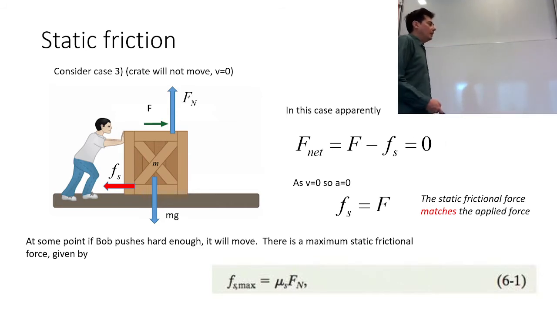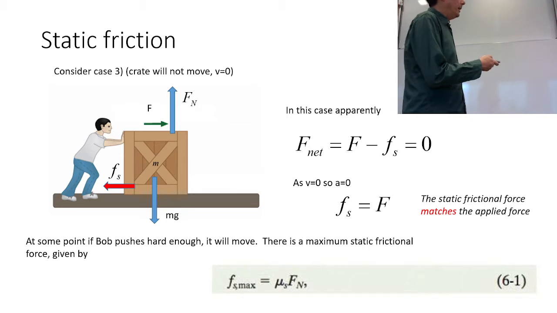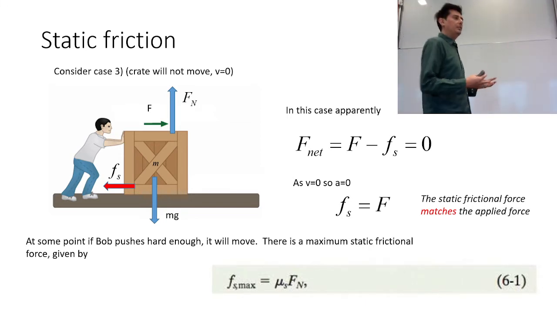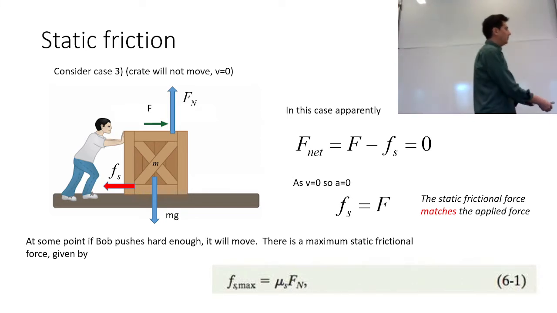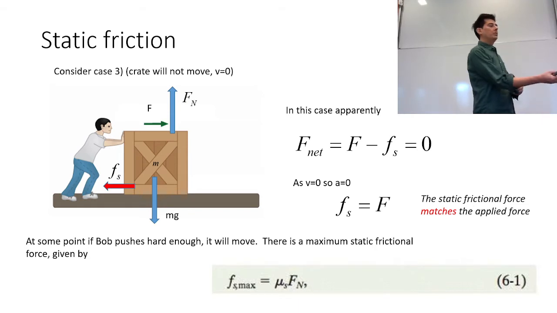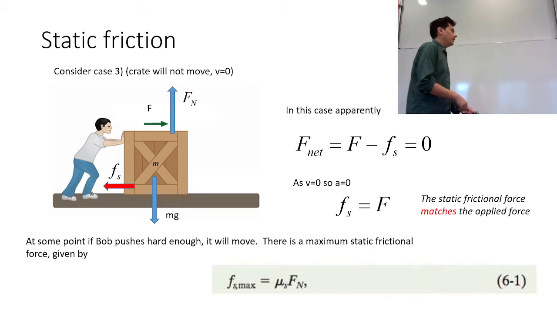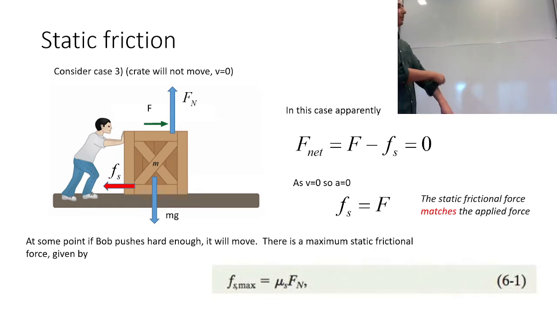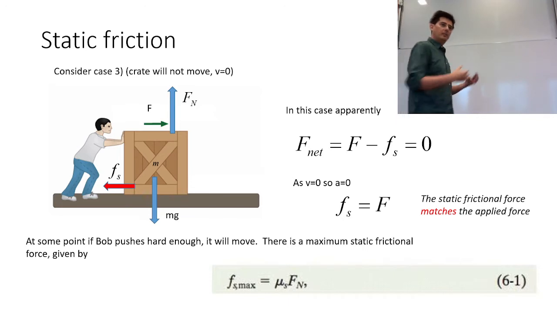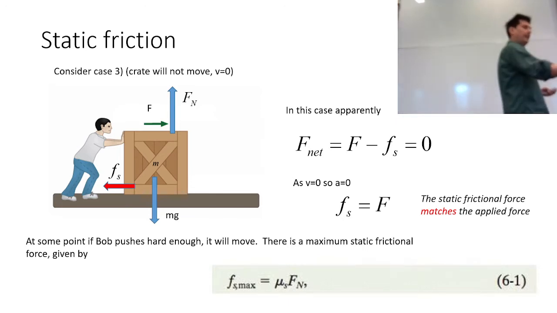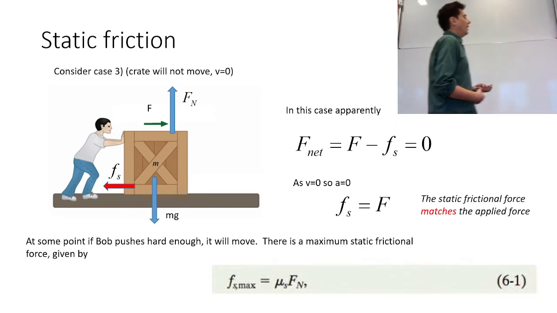The way that this works is that it's actually a kind of dynamic force. It matches whatever force you are applying. For example, if you apply some force of 5 newtons, then the static friction will match that with 5. If you apply 10, then it will match that with 10.